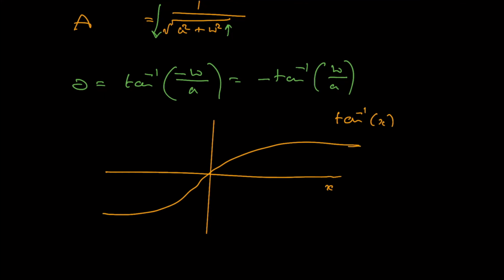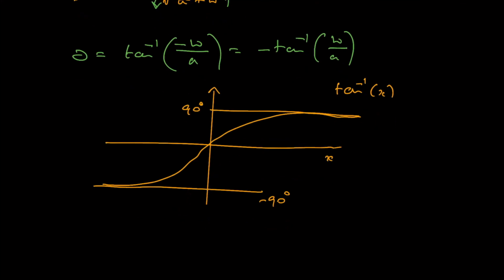If you're doing it in degrees at least, the y-axis is in degrees, and this is actually 90 degrees, and down here is minus 90 degrees. So that's the maximum value arctan gets. That happens at high x or very negative x, and so that's why it didn't matter whether I had the minus there or here.